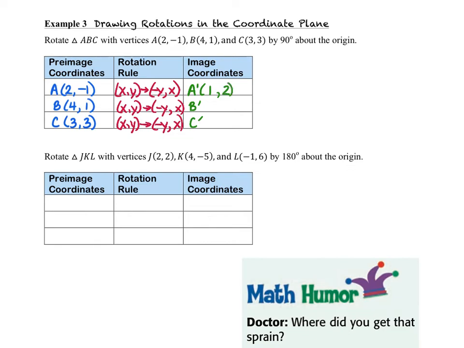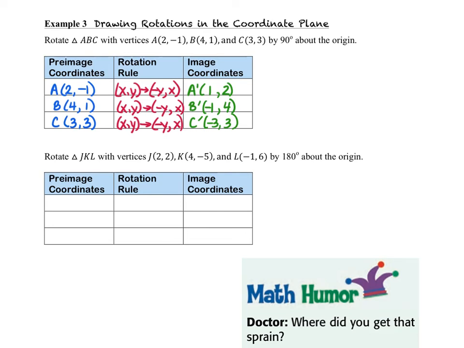For point B, the original y is going to be the opposite and is going to be the new x. So we had 1, now it's going to be -1 as the x-coordinate. And we use the old x-coordinate as the new y-coordinate. And same thing for point C. So now we've got our image coordinates.